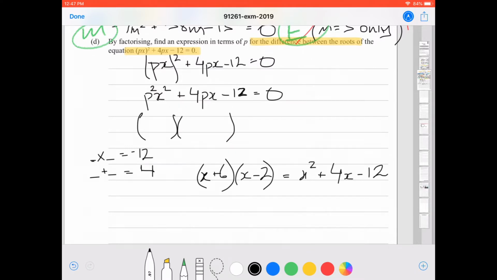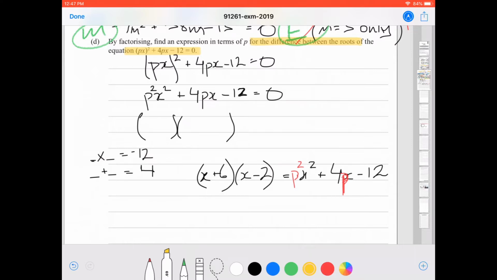minus 12. But obviously we've got our p squared, and we've got 4px in here as well. So we need to include in our factorised form, inside our brackets, these values for p.